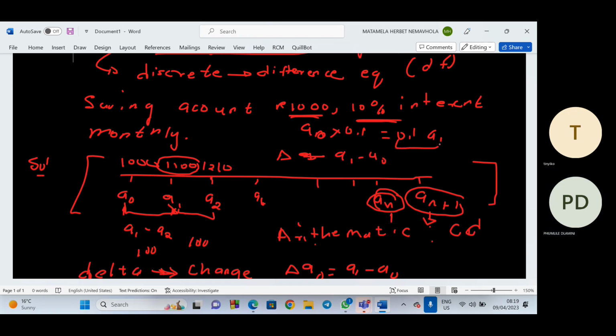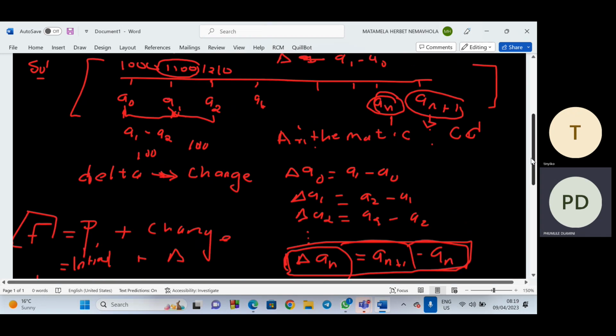Then when we plug in, if we use the delta, a1 minus a0, we get the difference multiplied by 0.1. So this change of 0.1 keeps changing at 10%.